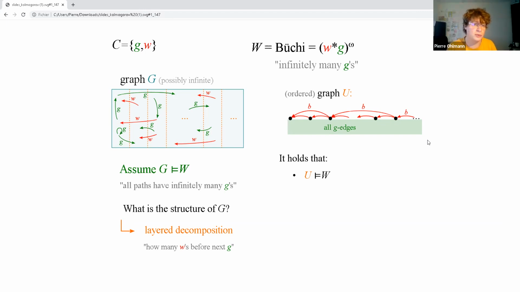That's another way to state the monotonicity thing, is that a condition is positional if and only if any graph satisfying the condition has a layered partition such that I can close the edges under the order. So I would add more edges. Like for instance, in this example, do you see my cursor?